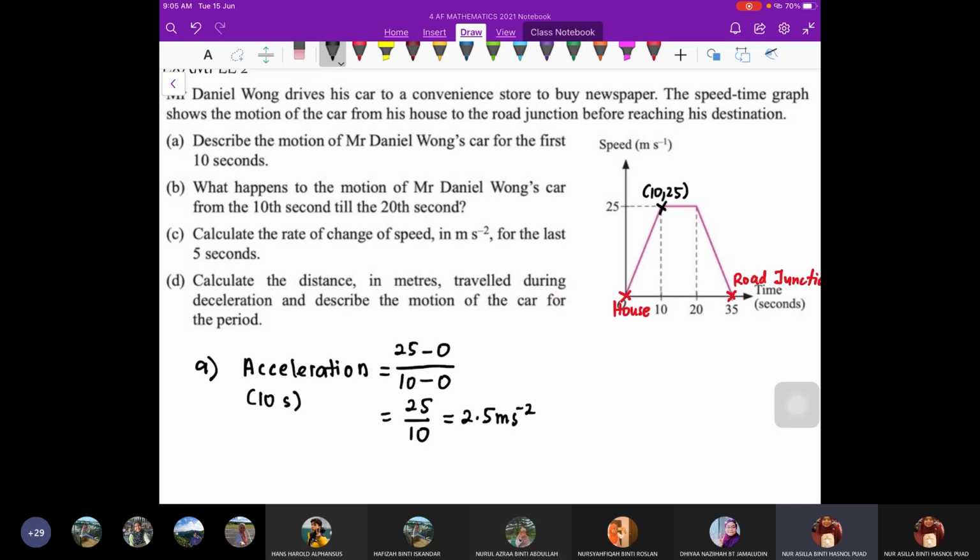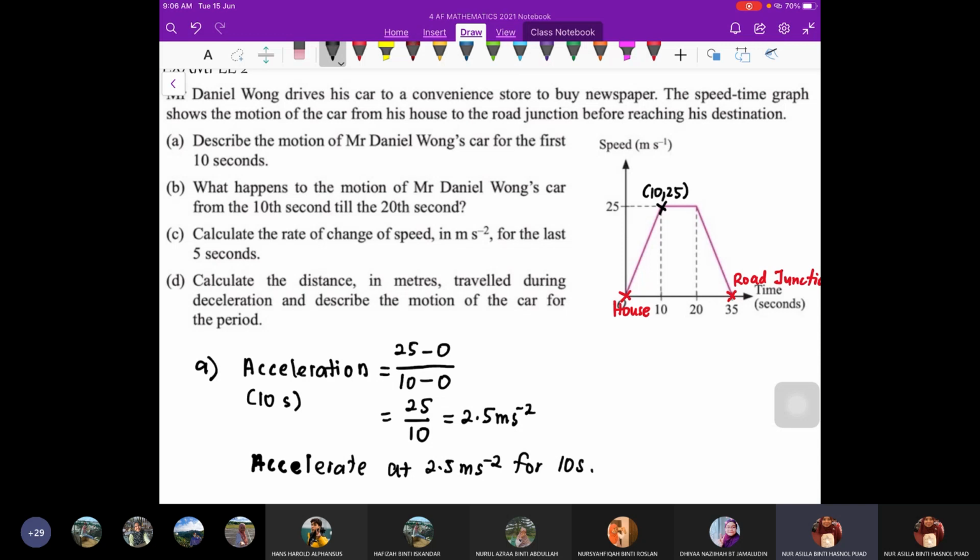Okay. So ini adalah acceleration. So kamu boleh cakap accelerate at 2.5 meter per second for 10 seconds. Simple. Okay. Pergi kepada B.